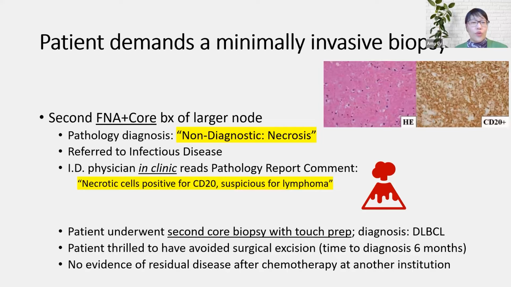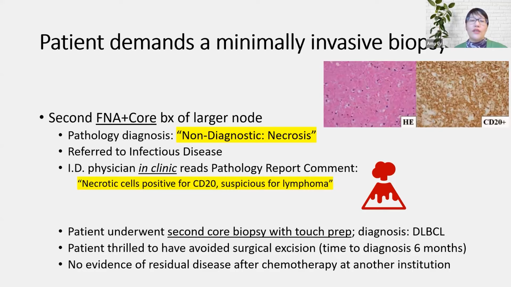And she then underwent a second FNA with a concurrent core biopsy of the larger node. So she's resisting excision. And it was called non-diagnostic necrosis. She was referred to infectious disease. The ID physician with the patient in the clinic reads the pathology report comment section that says necrotic cells positive for CD20, suspicious for lymphoma, which completely changes the trajectory of her healthcare.